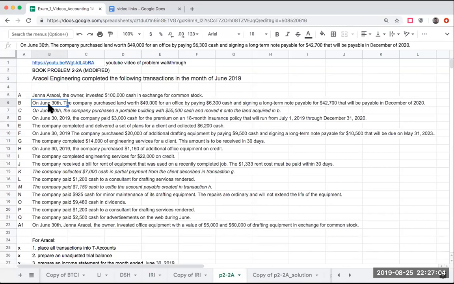I've had to go through and modify the question, because the way they wrote it is not technically correct. Part of the challenge I have with your textbook is that it does an okay job, but on some of these questions, for example, they showed that the owner gave cash and office equipment.